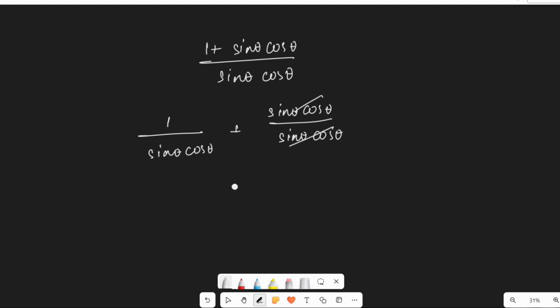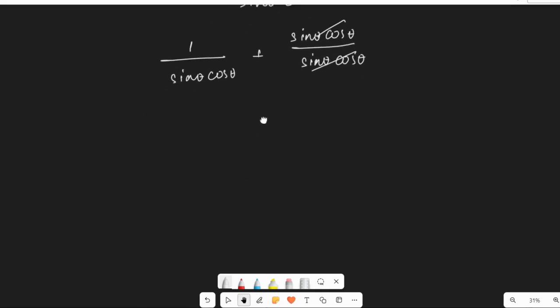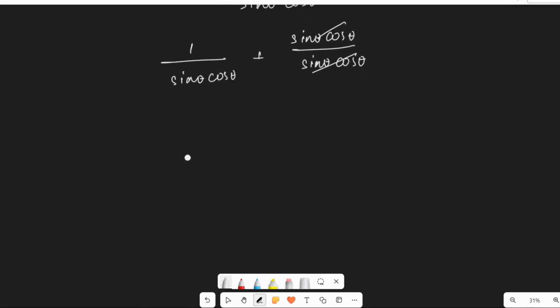This gets cancelled to 1, and this whole expression can be written as cosecant theta into secant theta, as cosecant theta is the inverse of sine theta and secant theta is the inverse of cos theta, plus 1, and this is the required RHS.